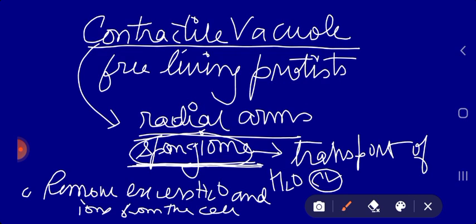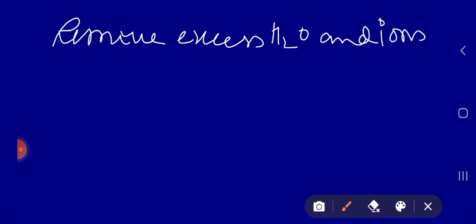Now when the contractile vacuole is slowly taking the water in, obviously the contractile vacuole becomes enlarged. Again I repeat, what I have said of the function of contractile vacuole: it removes excess water and ions from the cell.